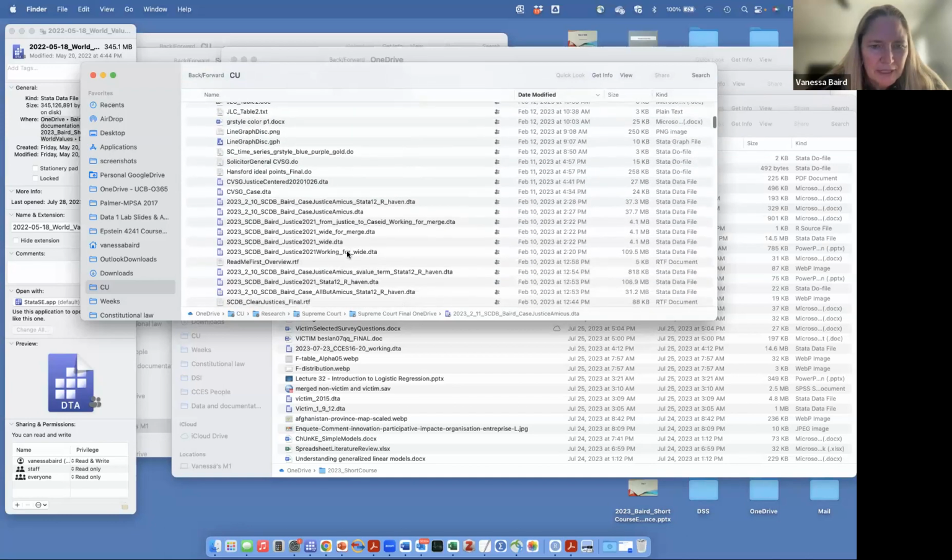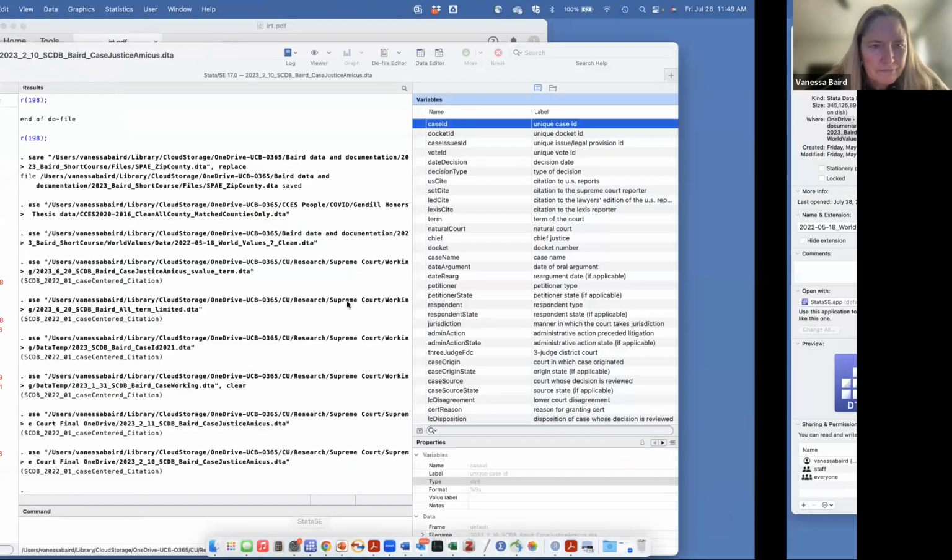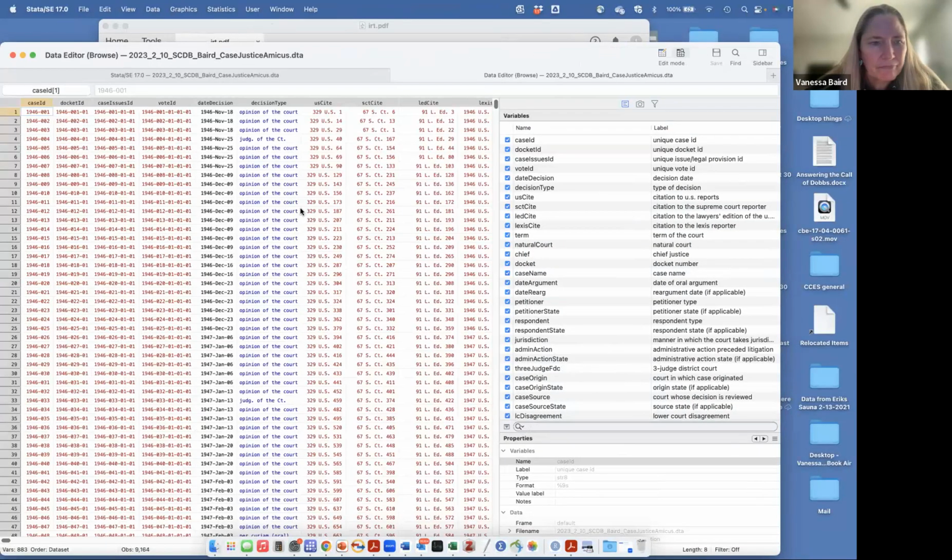It's incredibly complicated data to create. Okay, justice. So now you have case ID.